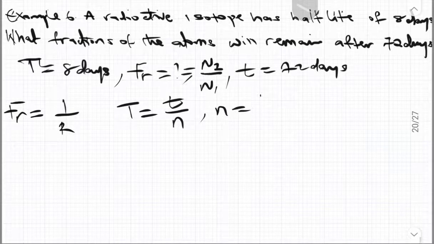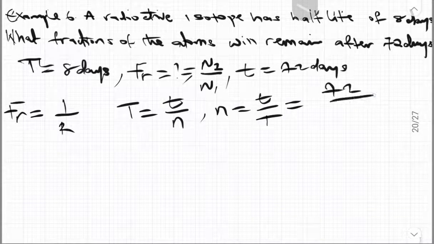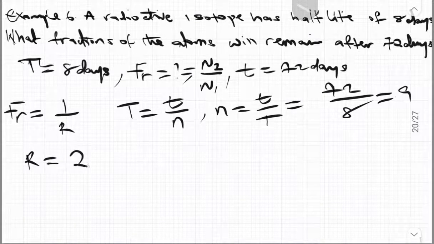So n is equal to small t over big T. What is small t? Small t is 72, over 8, and that's actually 9. So what is R now? R is actually 2 to the 9th power.